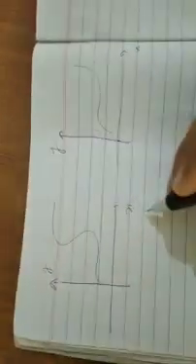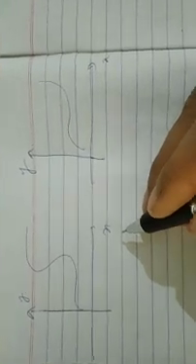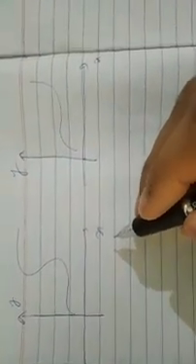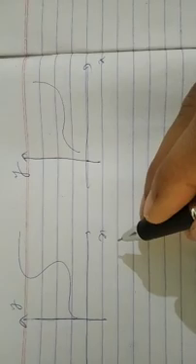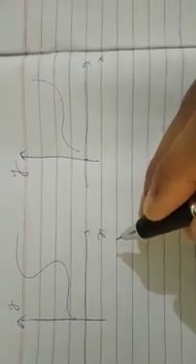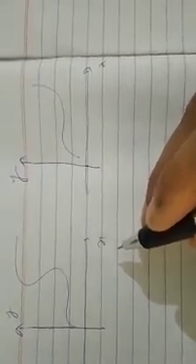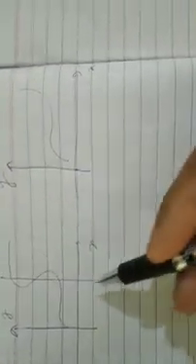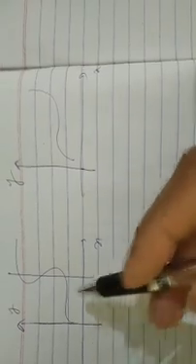So we have to find at least one vertical line which cuts the graph at more than one point. Like this, we can find more vertical lines of this kind for this graph.